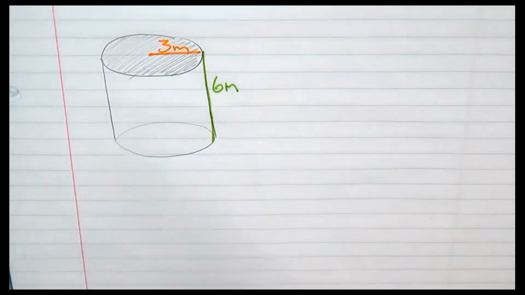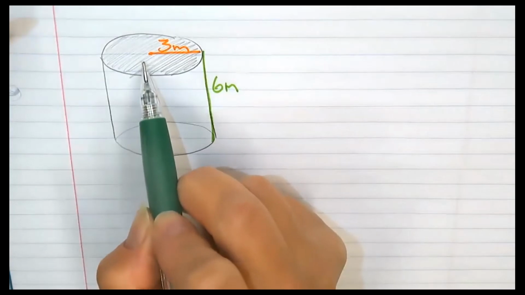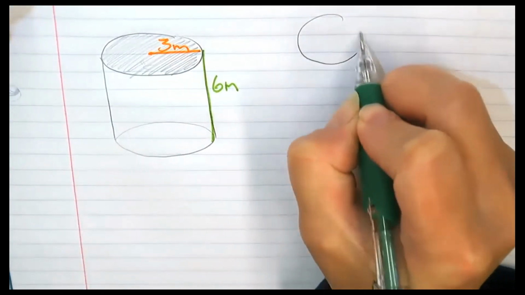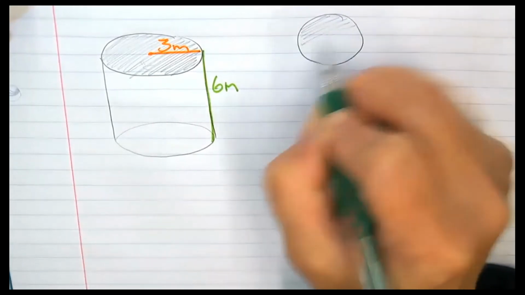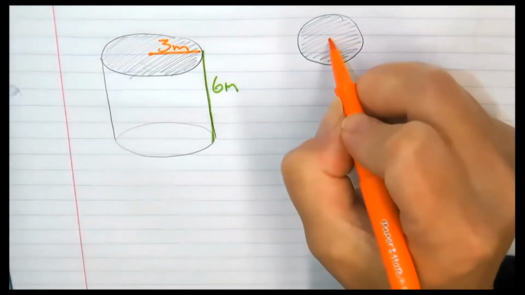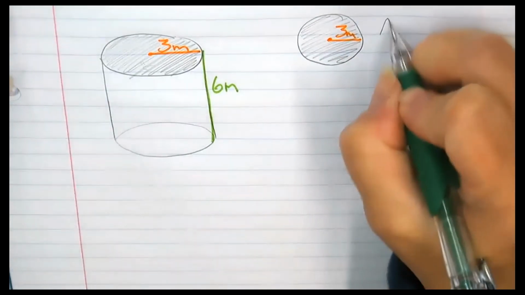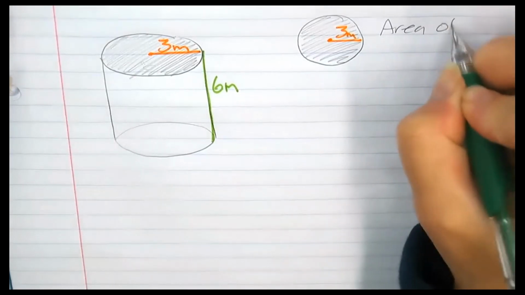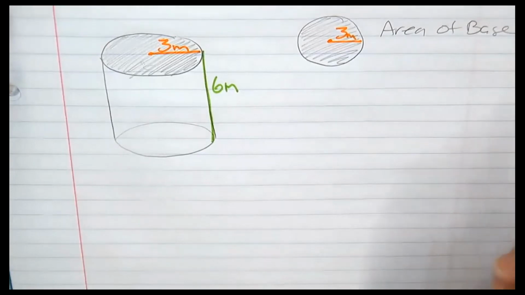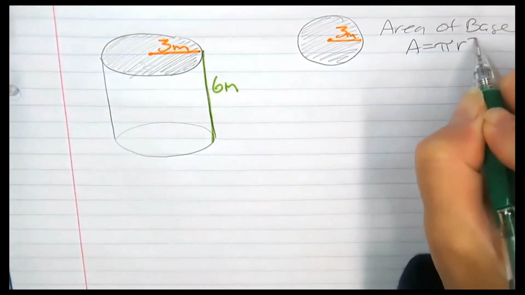So the first thing we need to do, we need to find the area of the base. So our base is a circle, and they're giving us a radius of 3 meters. And the area of a circle is pi r squared.